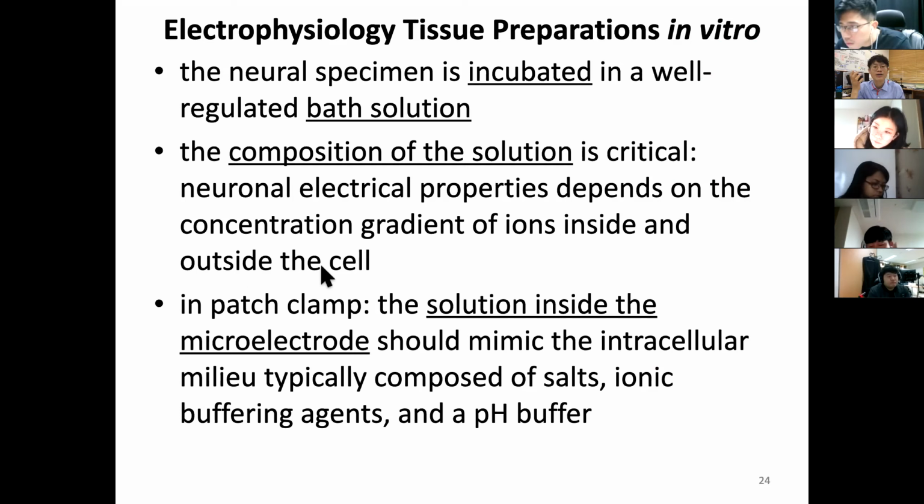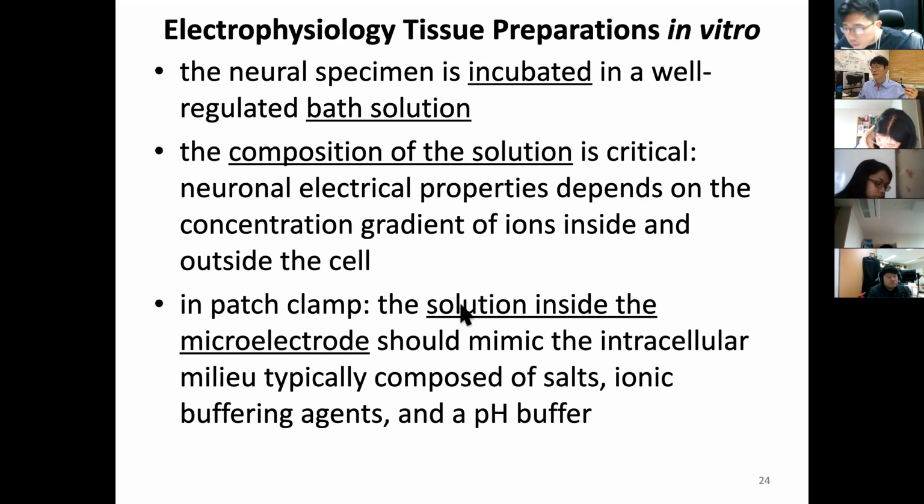In fact, I heard electrophysiologists who did in vivo recording say, hey, resting potential is not the same as what we memorize, minus 60, minus 70. It can be minus 40 millivolts, something like that. In the in vivo environment, a whole different set of things are changing. So the composition of solutions is important for this study.